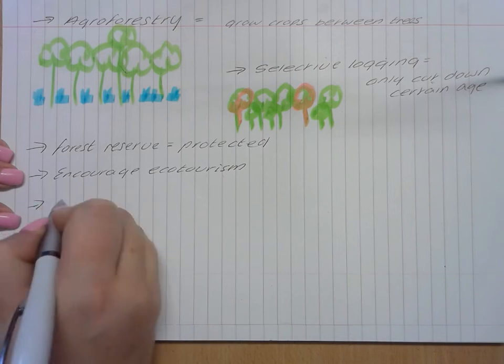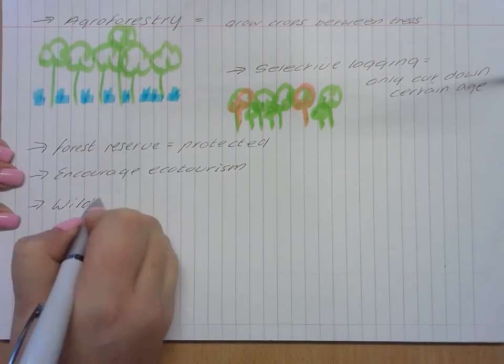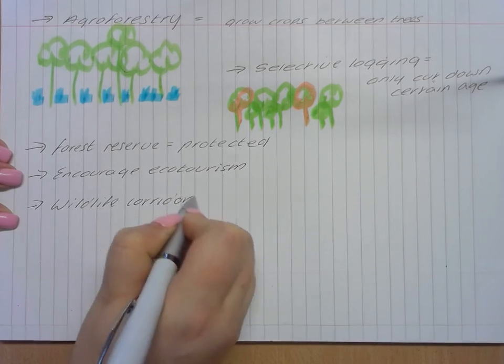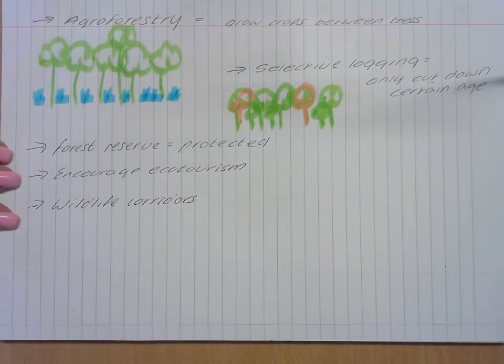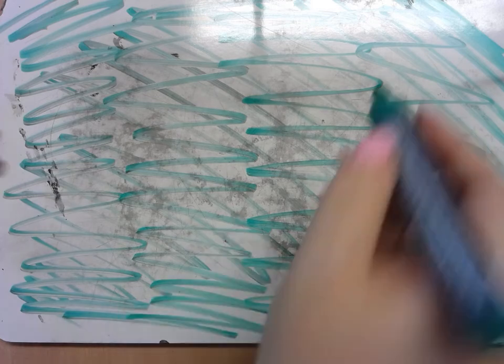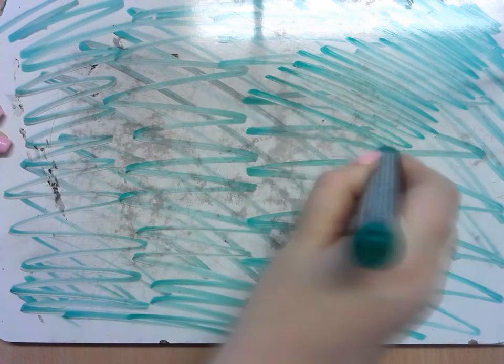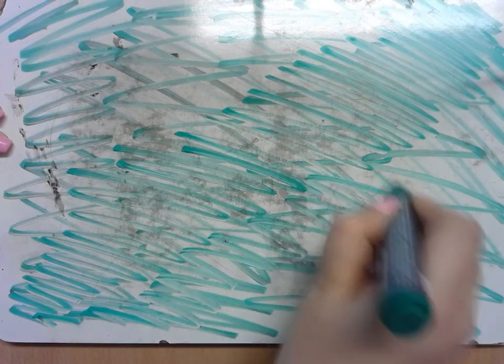Now, another one is wildlife corridors. You're going to have to use your imagination here. Imagine that the whiteboard is the tropical rainforest, okay? So the whole whiteboard is the tropical rainforest.